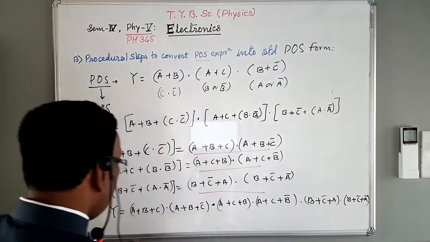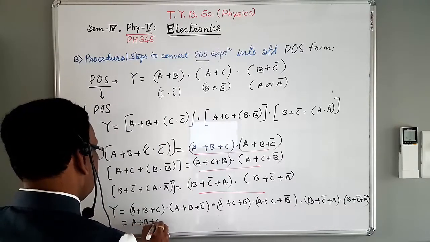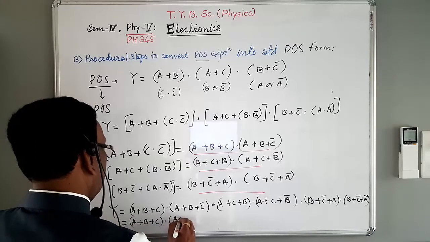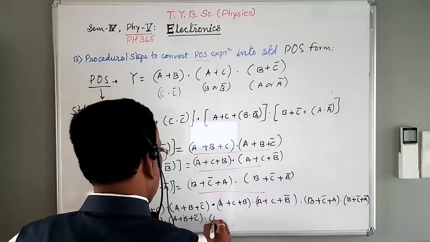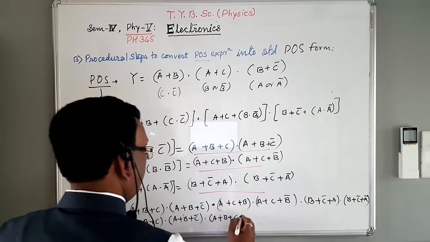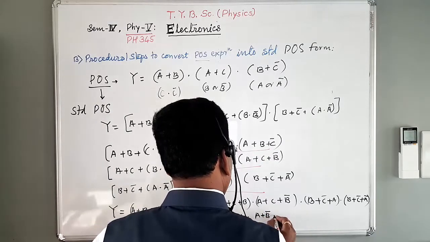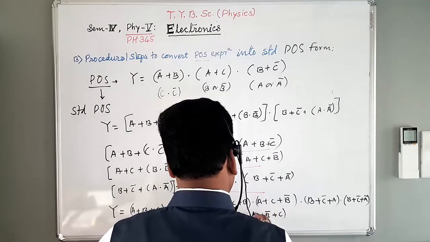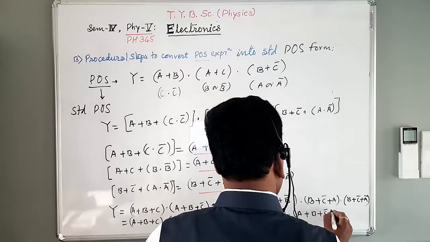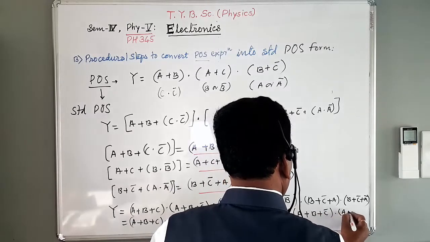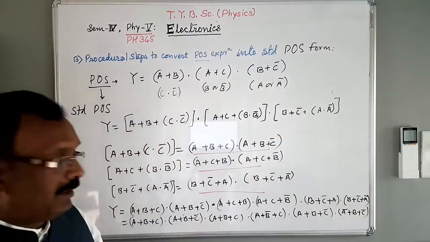We are just rearranging sequentially, making the sequence: A plus B plus C, A plus B plus C bar, A plus B plus C, A plus B bar plus C, A plus B plus C bar, and the last term A bar plus B plus C bar.